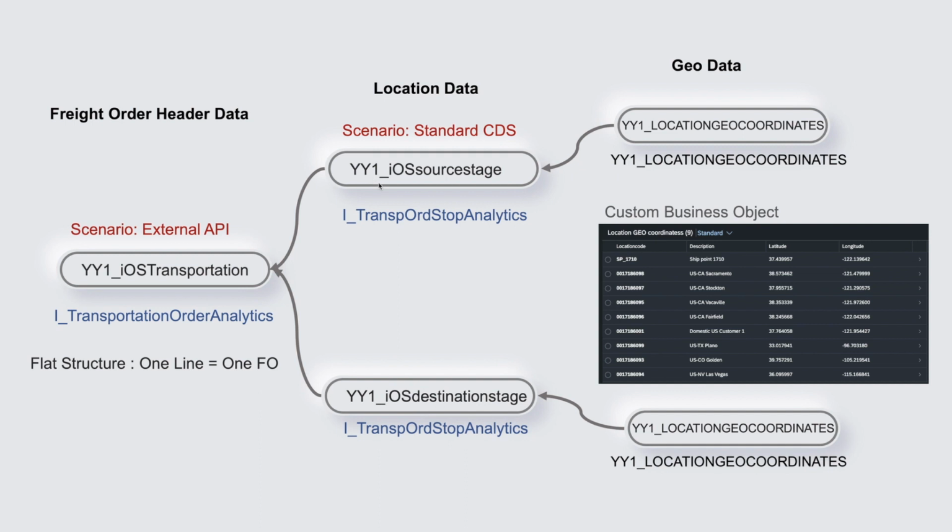One custom CDS entailed the data pertaining to the source location of the freight order, the first stop where the freight order is essentially departing from. And then we had another custom CDS which entailed the information to the last stop of the freight order. And both of these secondary data sources joined to my primary data source rest on, again, the standard SAP CDS called Transportation Order Stop Analytics.